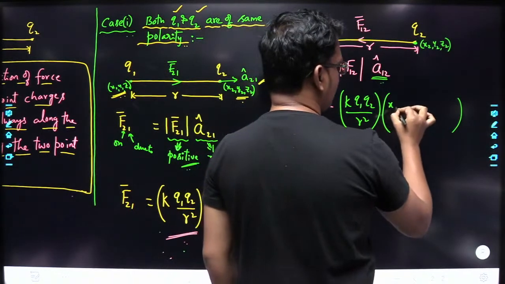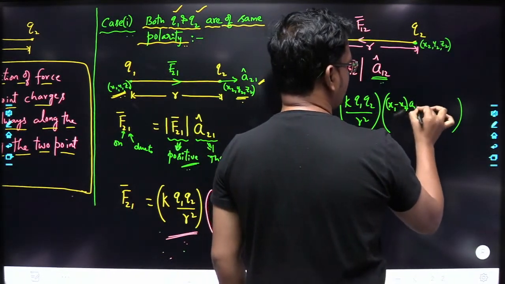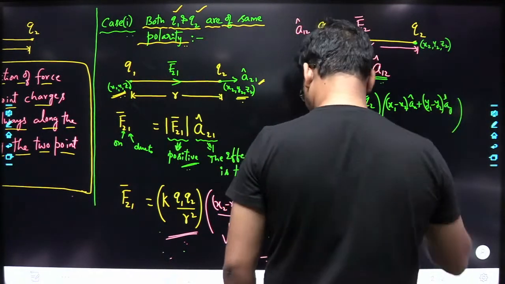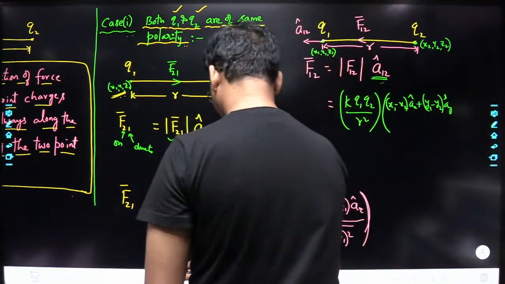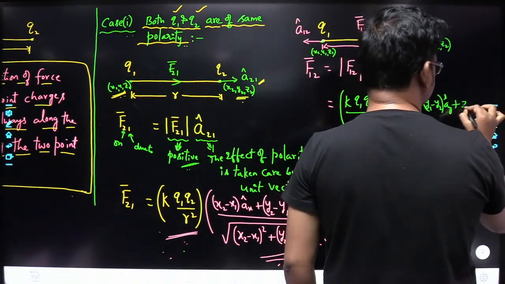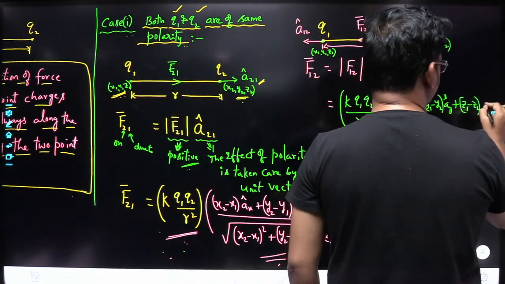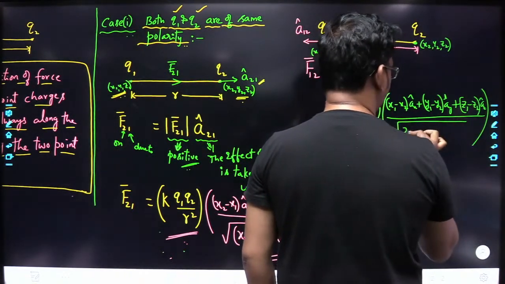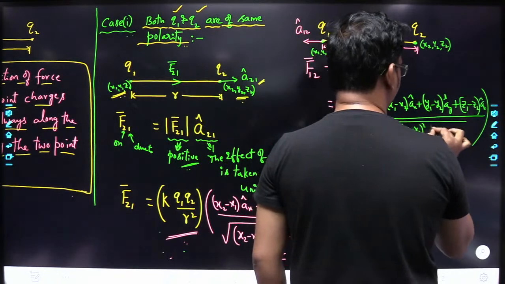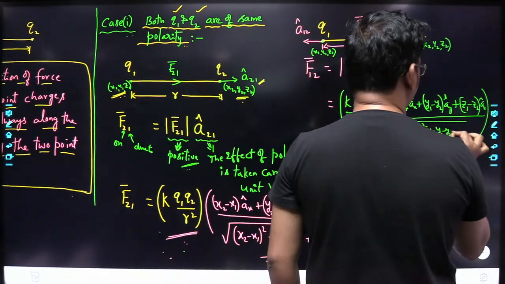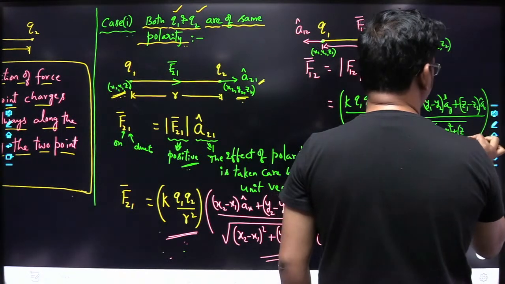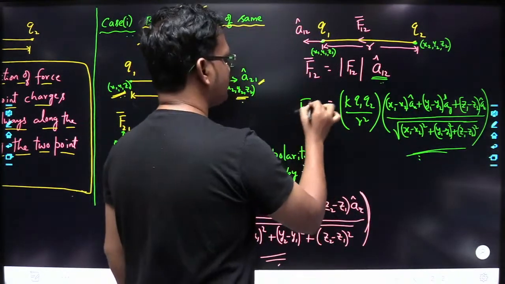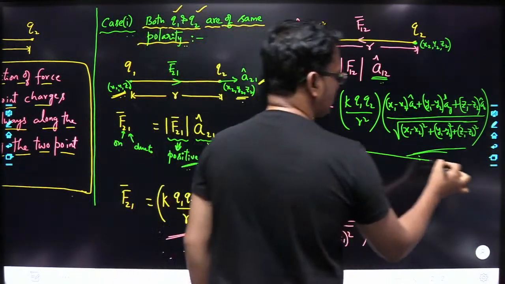So write down here simply x1 minus x2 ax cap plus y1 minus y2 ay cap plus z1 minus z2 az cap, divided by the square root of (x1 minus x2) whole square plus (y1 minus y2) whole square plus (z1 minus z2) whole square. So this is the expression we got for the force on 1 due to 2.